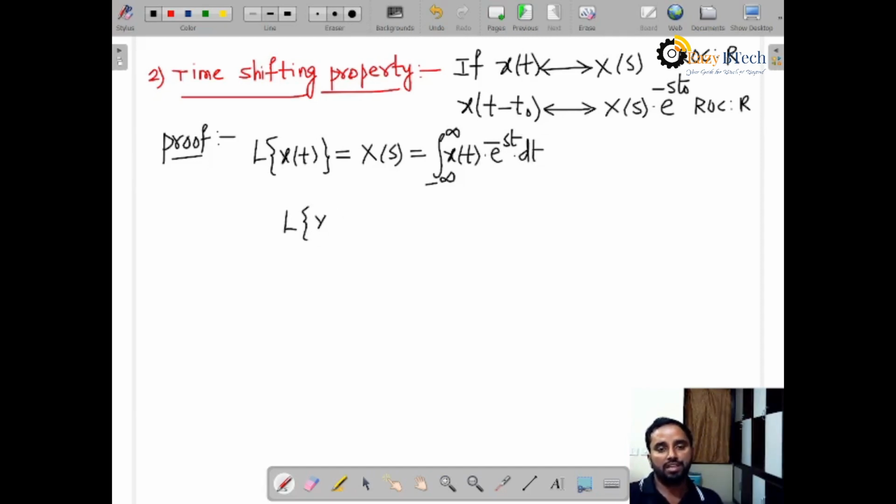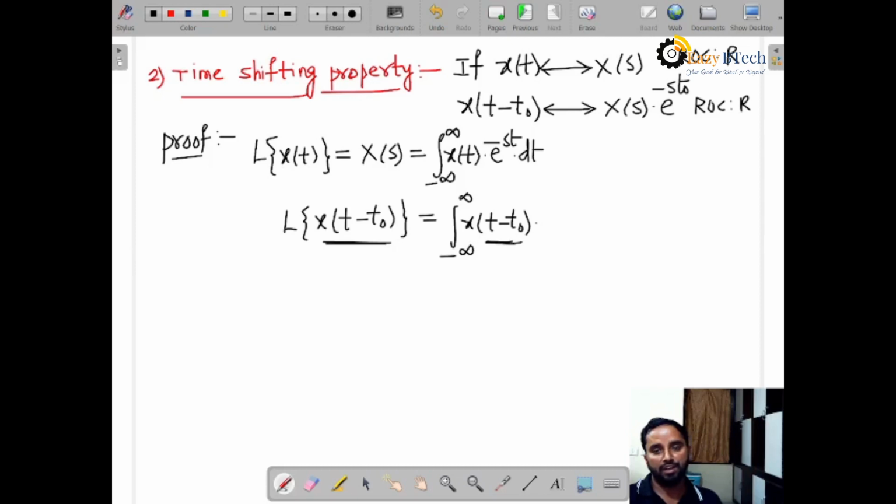How to write its Laplace transform? In the same way, x of t Laplace transform. So in the place of x of t, now x of t minus t naught. That's all. The signal is x of t minus t naught.